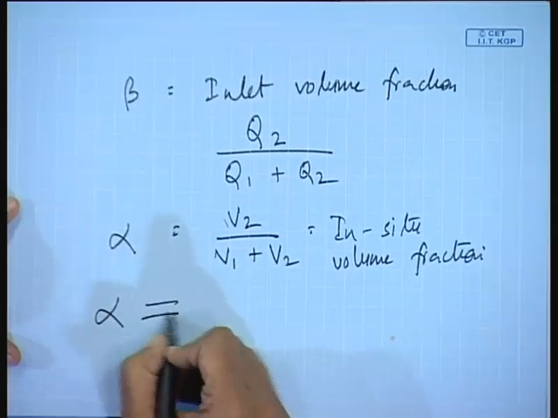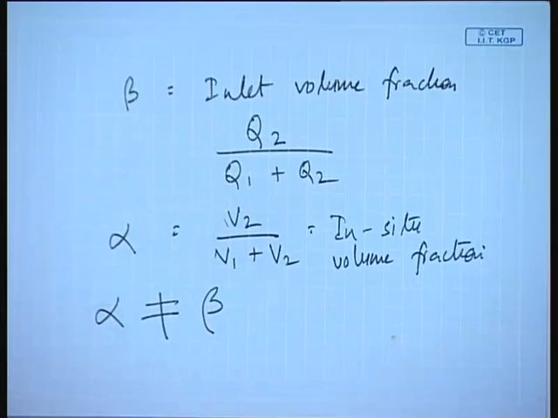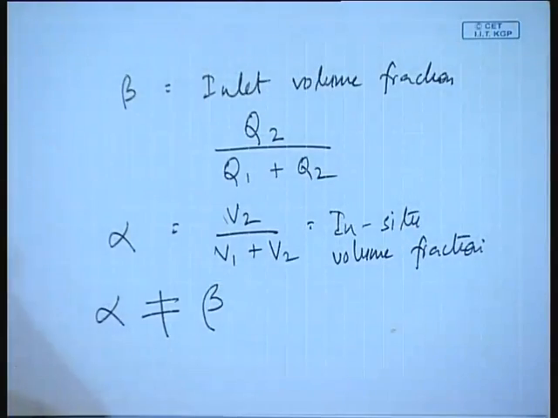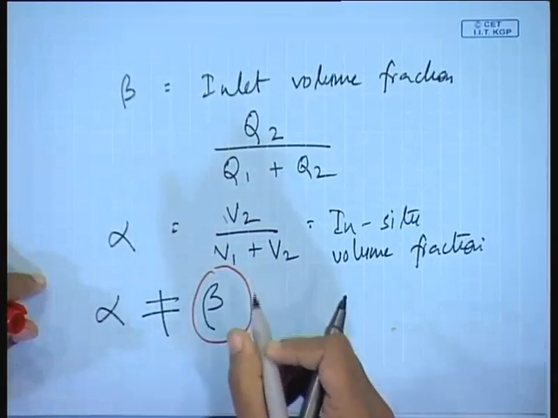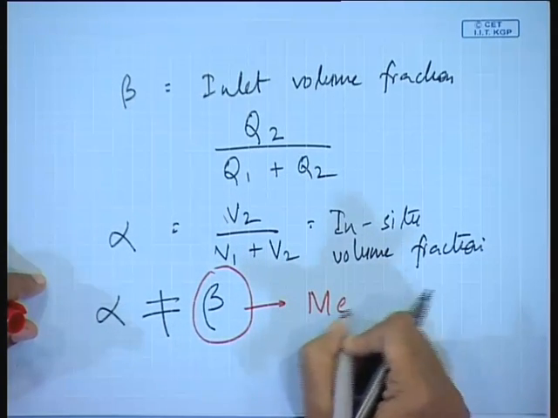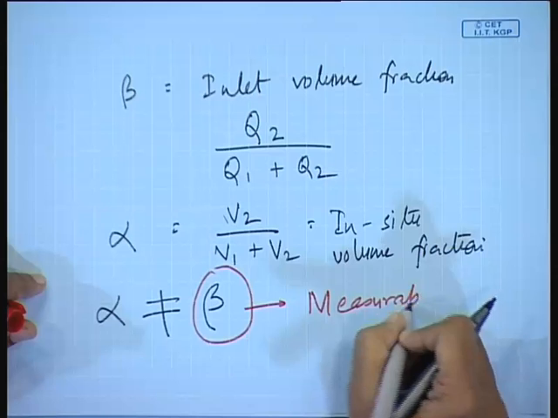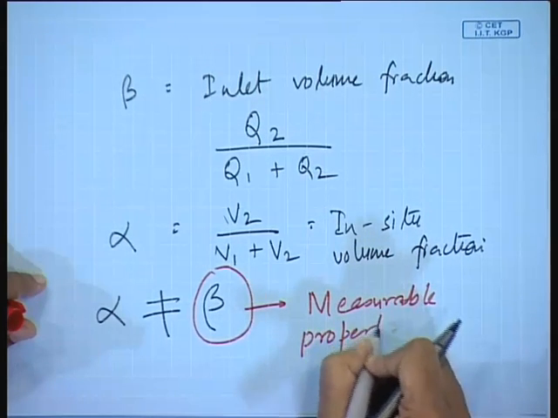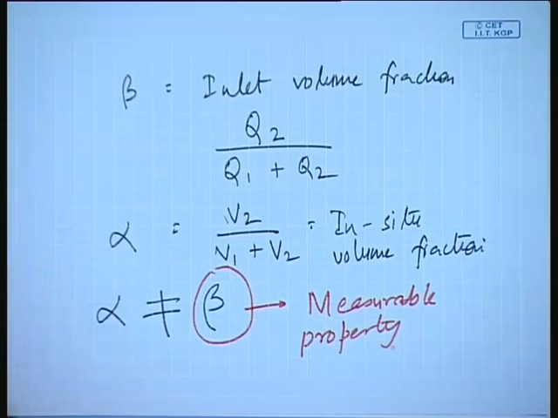And therefore, as I have already mentioned, alpha is not equal to beta. Although beta is a measurable quantity, we do not have any direct correlation between alpha and beta. Therefore, alpha has to be determined, it cannot be controlled.